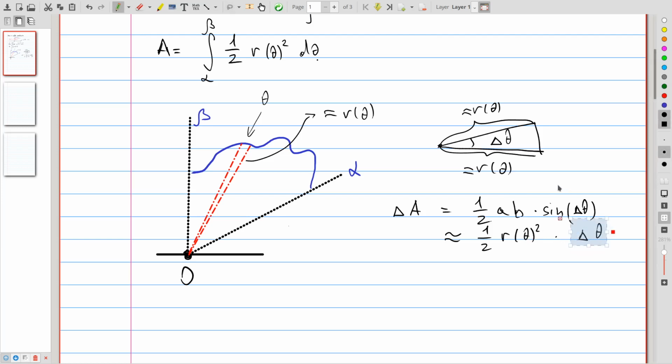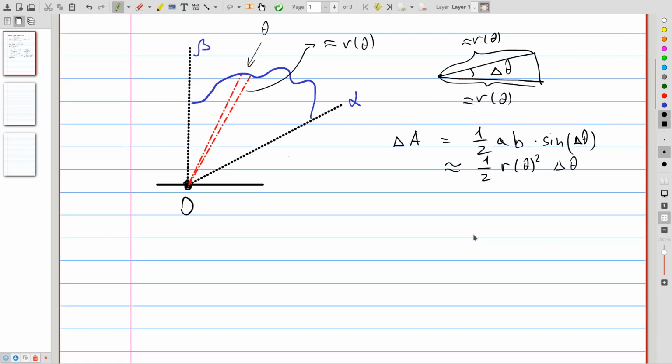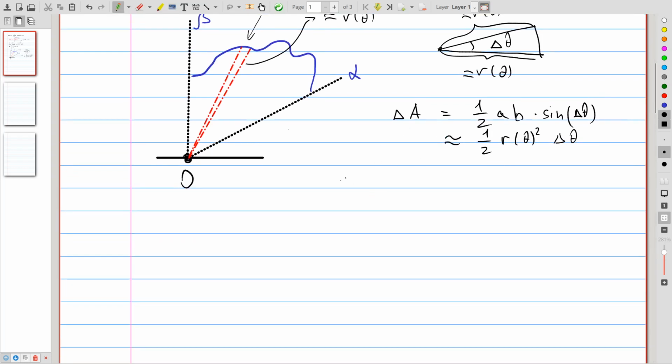And so the reason I can replace sine of delta theta by delta theta itself is very easy. So to justify this, we have to recall that sine of x is equal to x minus x cubed over 3 factorial, plus x to the 5th over 5 factorial, and so on.